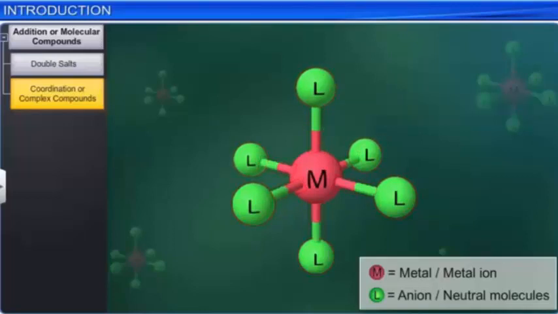Complex ions are also known as coordinate ions, and hence the corresponding compounds as coordinate compounds.